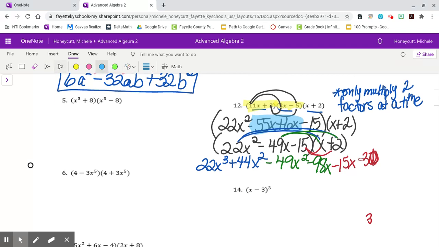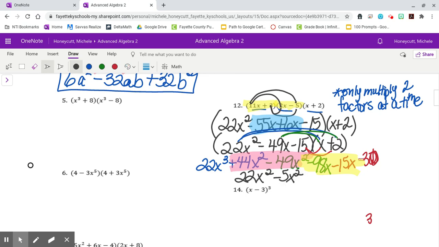And then again, I'm going to look to see if I have any like terms. 44x squared and negative 49x squared are like terms. And then negative 98x and negative 15x are also like terms. So then I'll combine everything together and get 22x cubed. Let's see, 44x squared minus 49x squared is minus 5x squared.